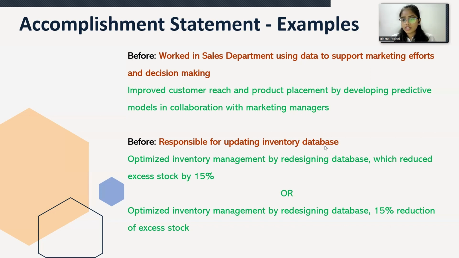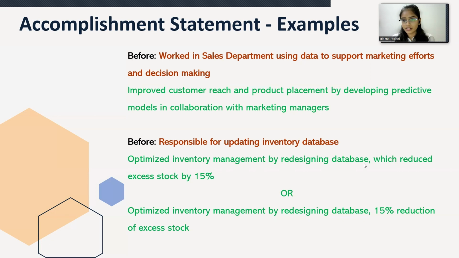Responsible for updating inventory management. This can also be your problem statement if you have seen it. So you are responsible for updating the inventory database, right? It can be written in another format by including technical and number stacks in it. Optimize inventory management by redesigning database, right? Optimized inventory management is the result, and the action taken is what you have done.